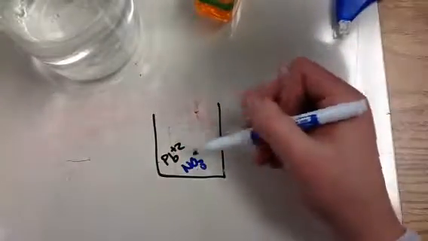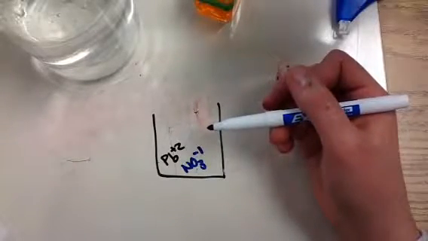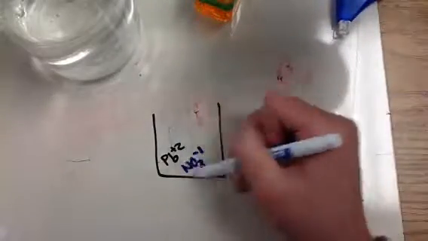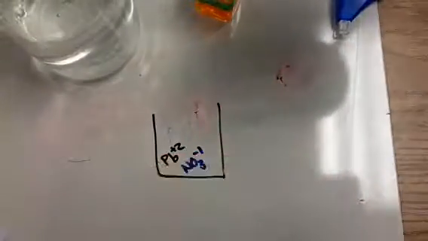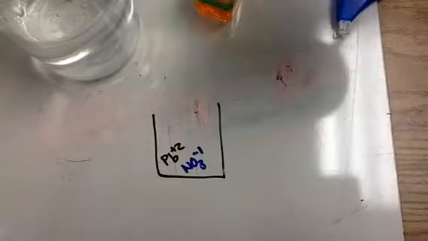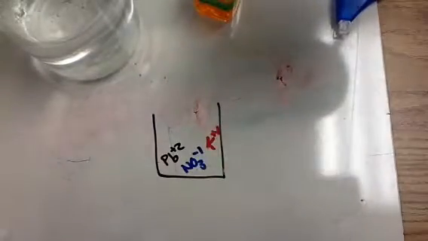Remember, these guys are ions in an aqueous solution. When ionic compounds touch water, they dissociate into their ions. So you're really getting a beaker filled with ions. So we've got the lead ion, we've got the nitrate ion, we've got the potassium ion, and we have the chloride ion.